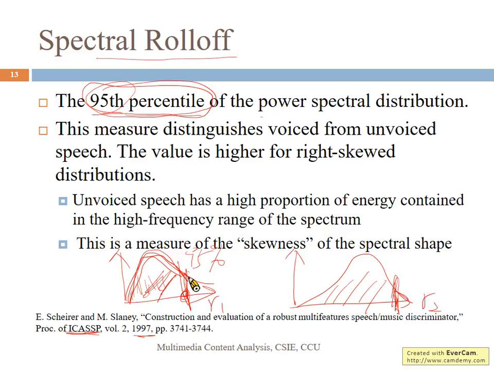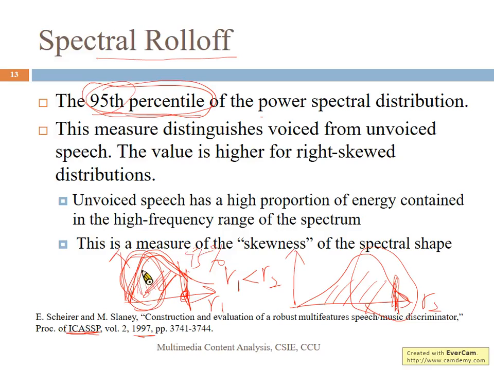If the first distribution is left skew, then R1 will be less than R2, where R2 is the right skew distribution. What is right skew? That means more energy is concentrated in the high frequency part. What is left skew? That means more energy is concentrated in the low frequency part.